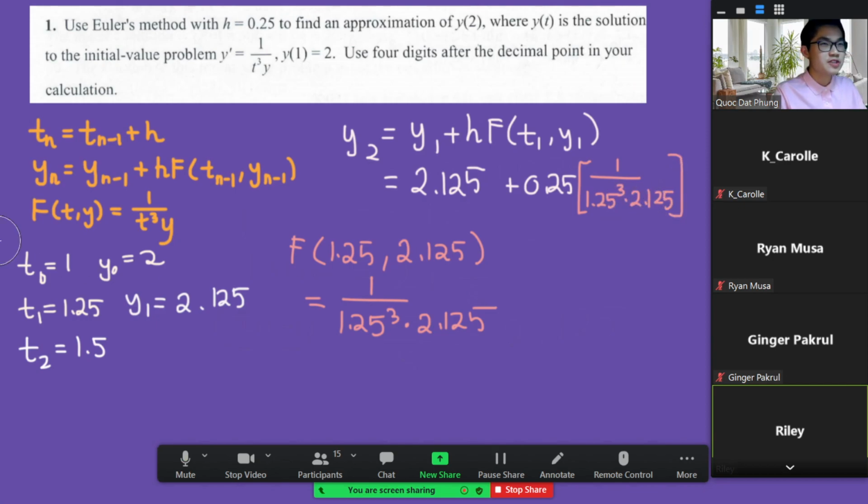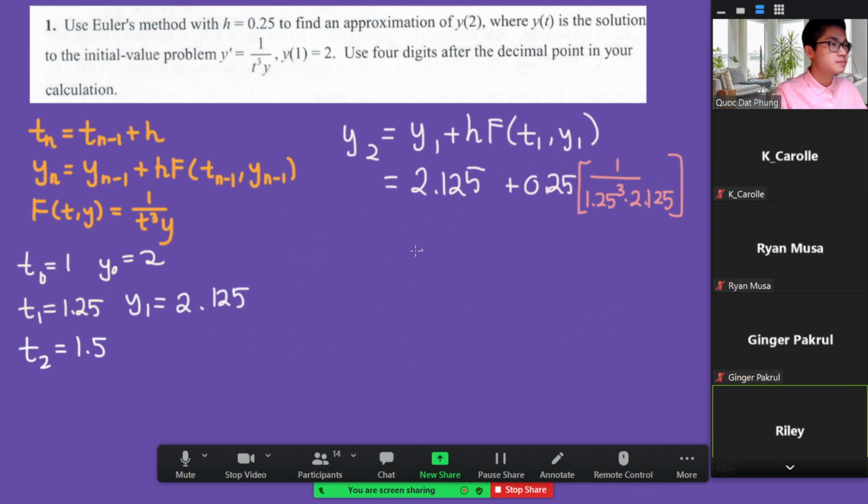And let me save you some work. This will be approximately this value. So y2 will be approximately this value, and I rounded to 4 decimals.